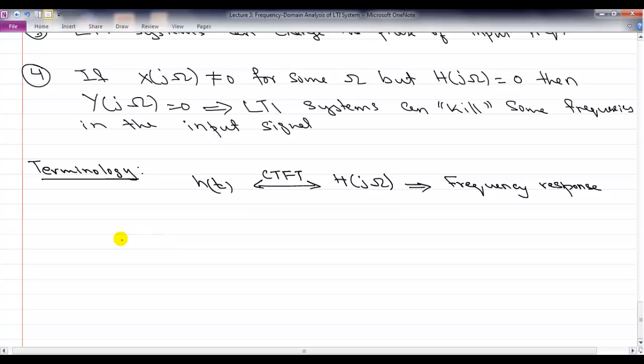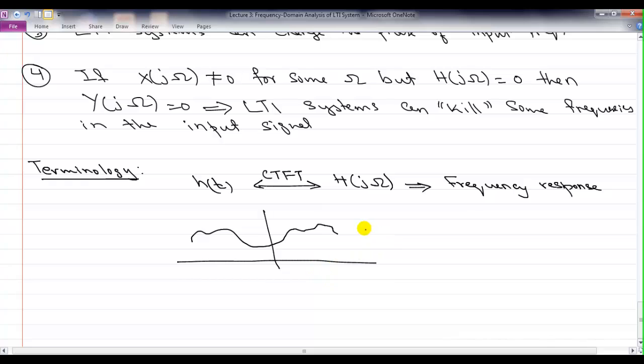Someone could come and say, I want an LTI system because of their application whose impulse response is like this, and it's supposed to be symmetric around 0. Someone could come and say, I want this H of j omega, and you could say, let me try to get a system which is very close to this. That's doable.